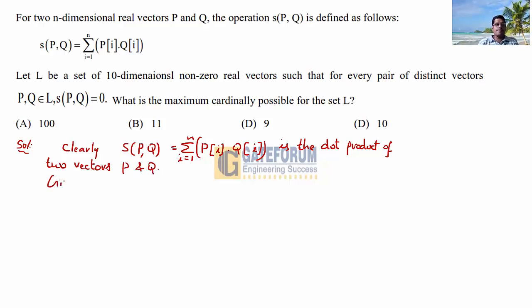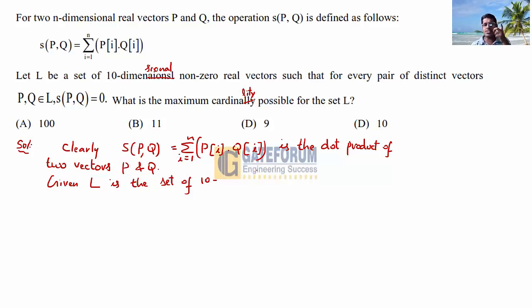Given, L is a set of 10-dimensional vectors. 10-dimensional means that every vector contains 10 components.